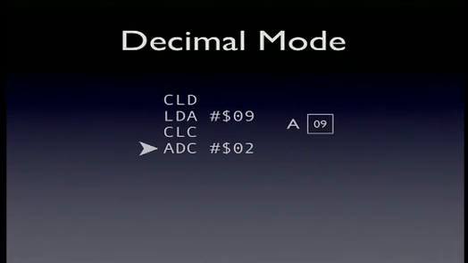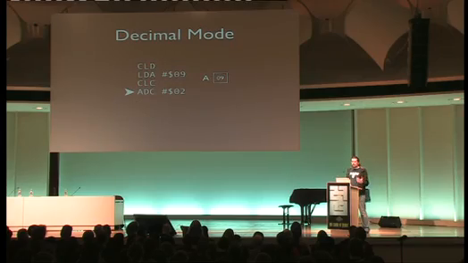So this decimal mode is something that I guess you must be a 70s guy or an 80s guy to fully understand, or maybe people did financial stuff on their Commodores and Ataris. So decimal mode, BCD, binary coded decimal, is meant to optimize the way you store numbers, integer numbers, which you would print anyway.